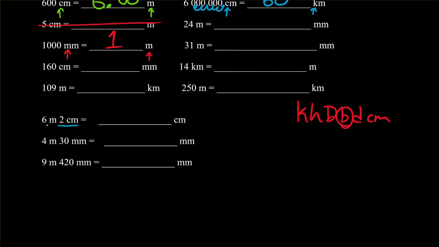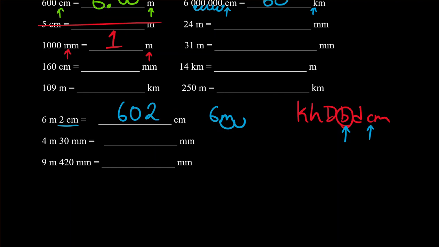So we want to take 6 meters and turn it into centimeters. From meters, our base unit, to centimeters, we go 2 to the right: 1, 2, so that'll be 600 centimeters. But I have to remember I'm adding on 2 centimeters at the very end. So this is 602 centimeters.